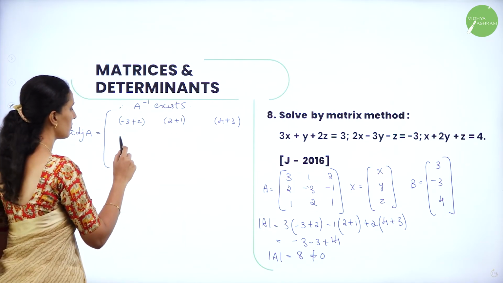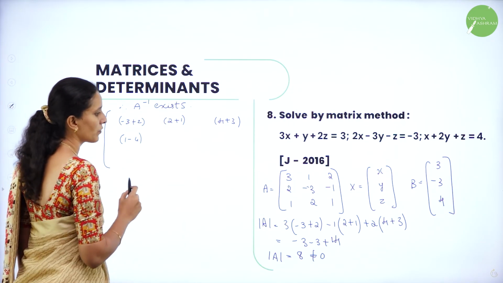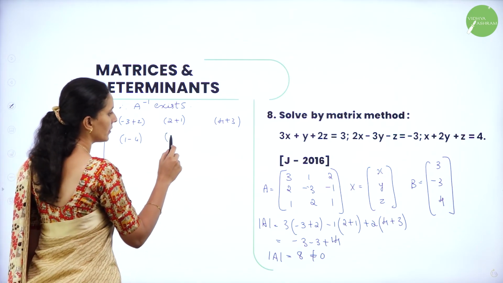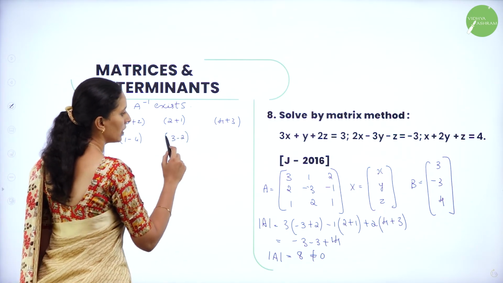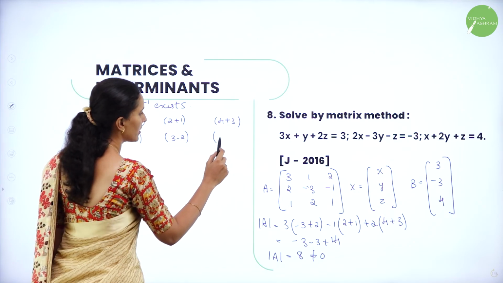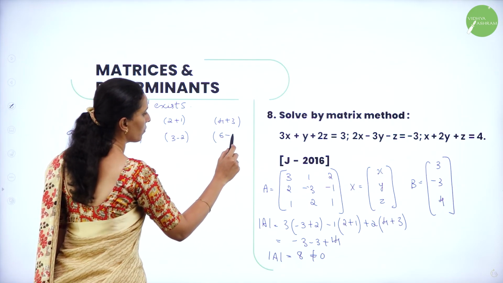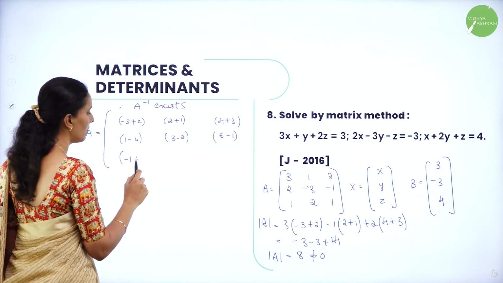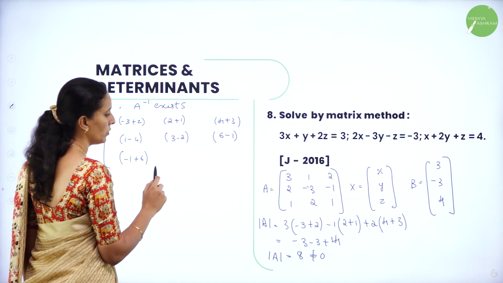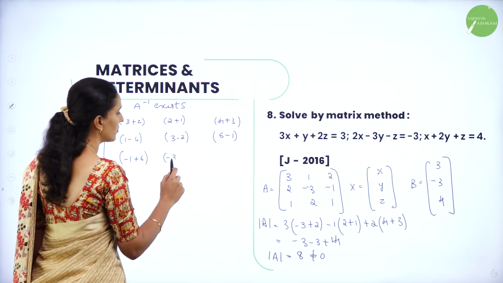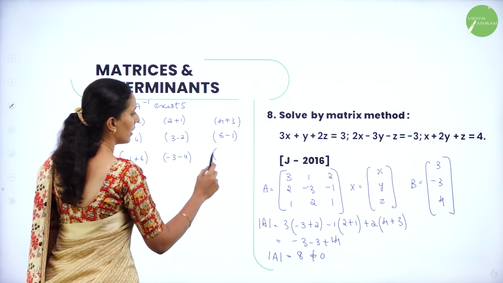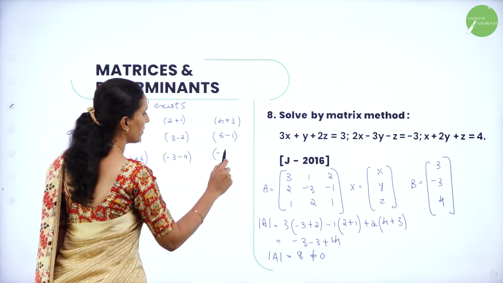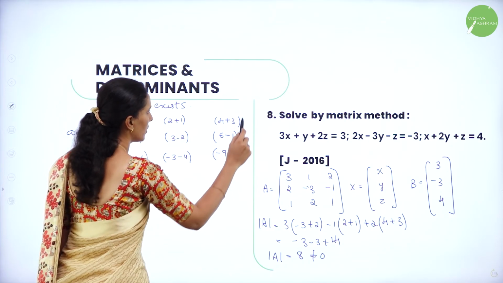Next, for minus 3 it is 3 minus 2. Next for minus 1, it is 3 twos are 6, minus 1 ones are 1. Next for 1, it is minus 1 plus 6. For 2, it is minus 3 minus 4. Next, for the last one, it is minus 9 minus 2.